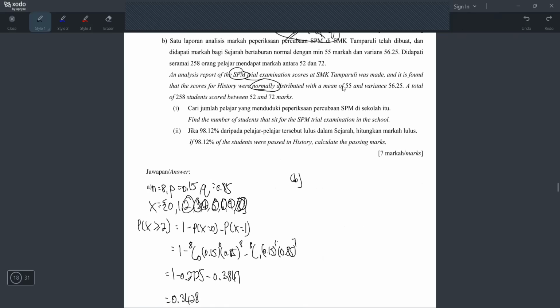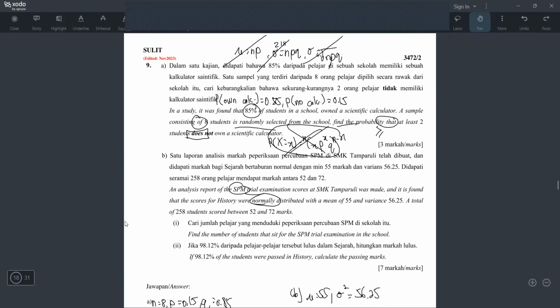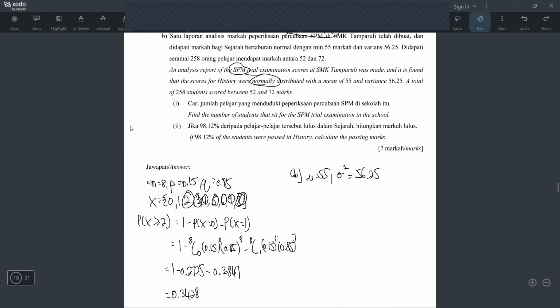Okay, so what you do now is you write down the mean, 55, and then the variance symbol is like this, sigma squared, 56.25. And then it says a total of 258 students scored between 52 and 72 marks. Before I continue, I just want to mention, in normal distribution, don't go and use the mean np formula here.